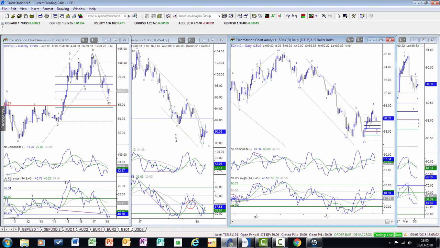But again, from the dollar perspective, that 5-wave decline, 1, 2, 3, 4 and 5, it's the question mark exactly the same as the euro. Is the fourth wave and then the fifth wave to the downside complete?